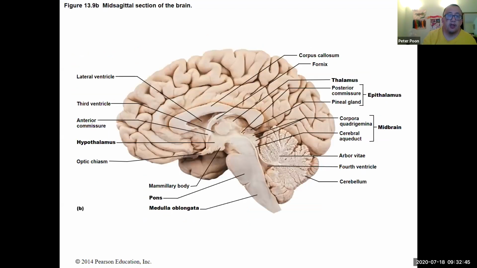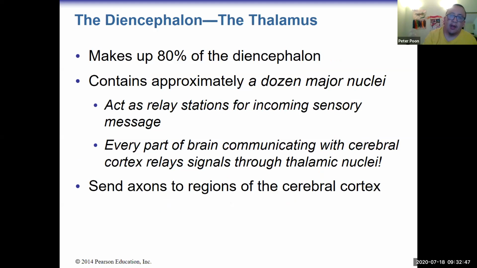So, the thalamus. The major purpose of the thalamus is that it is a relay station. Every sense that you have goes to your thalamus before it spreads to your cerebral cortex.